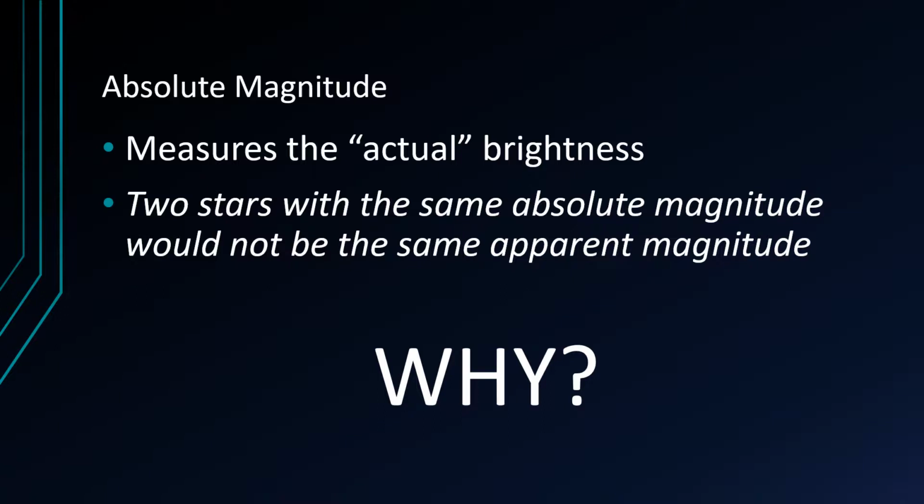Two stars with the same absolute magnitude would not have the same apparent magnitude. And that has a lot of different factors. The location of the star is really important. How hot that star is is really important. So lots of different factors are going to go into this.